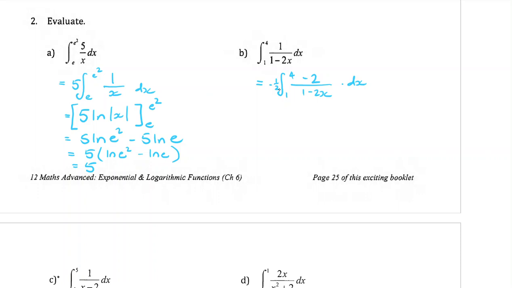All right, then we can integrate. We are going to leave the negative 1/2. We're going to become ln of 1 minus 2x in square brackets between 1 and 4.